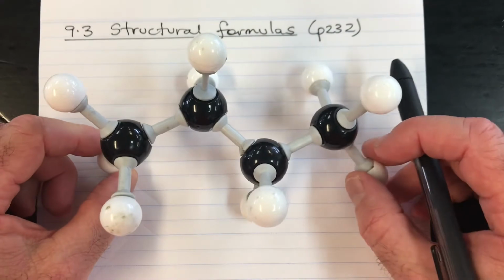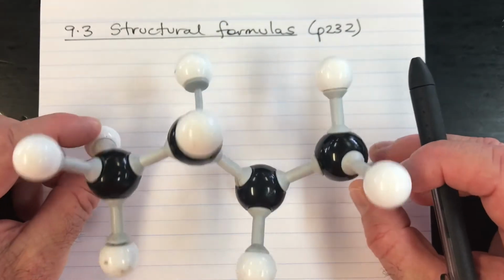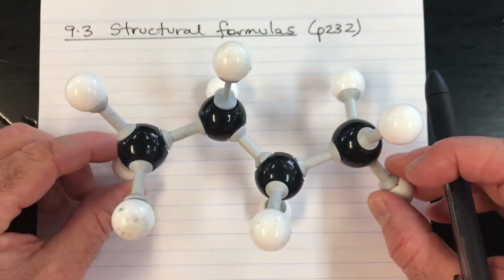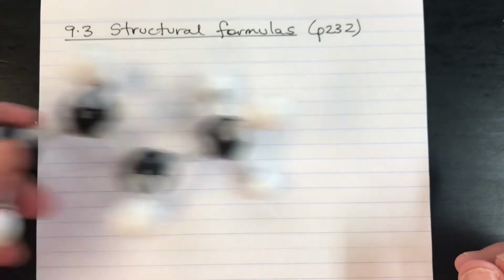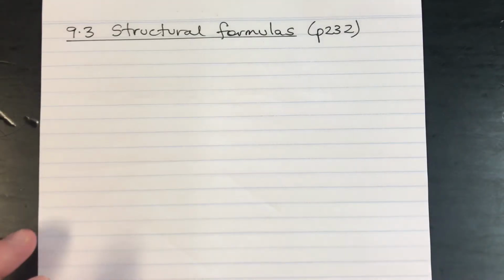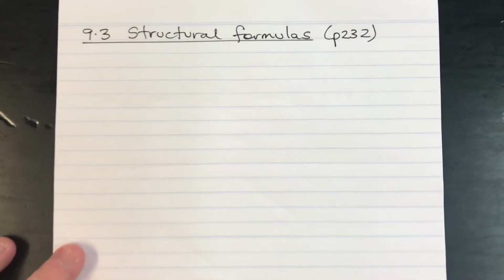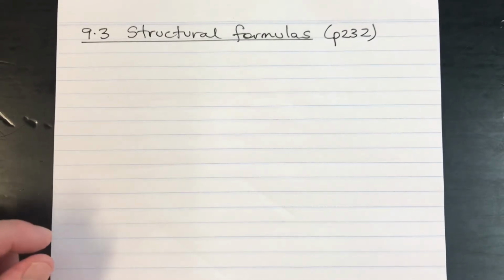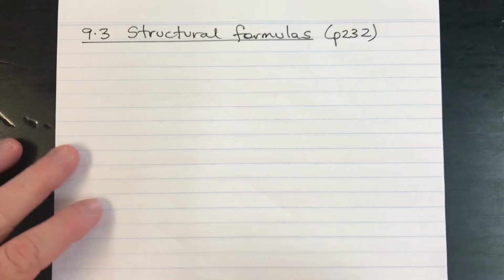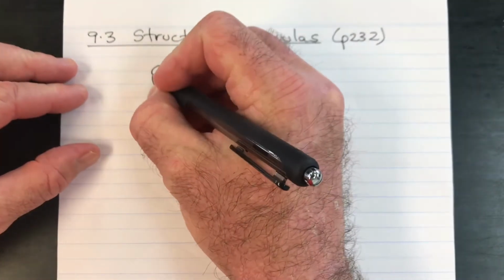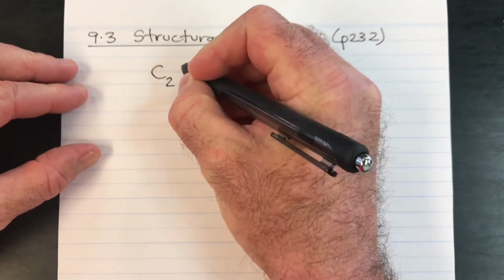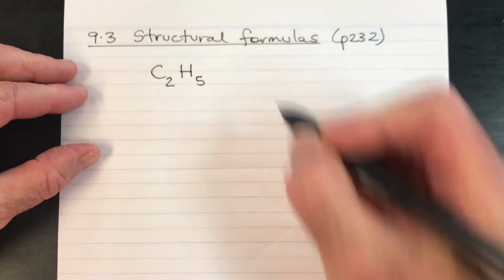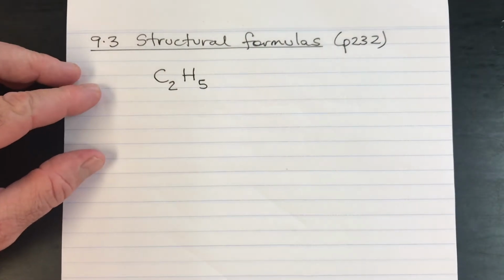That's a structural formula. Okay, that's all well and good if you've got a molymod kit like this. But what if you don't have a molymod kit and you wanted to show the formula for butane? Well, organic molecules can be represented in a variety of ways, including empirical formulae. The empirical formula for butane is C2H5.